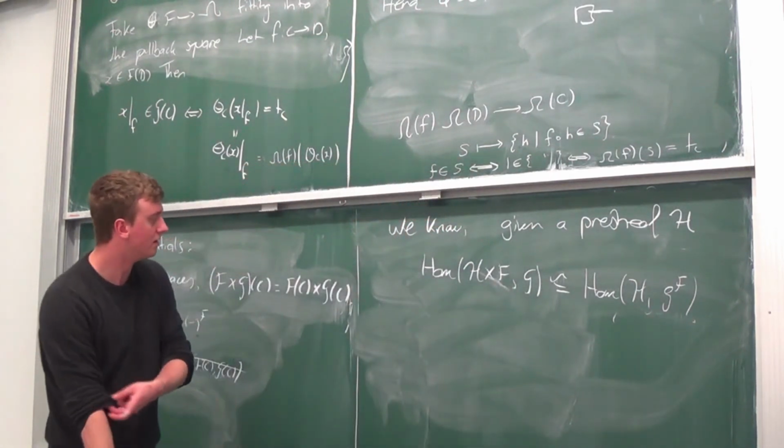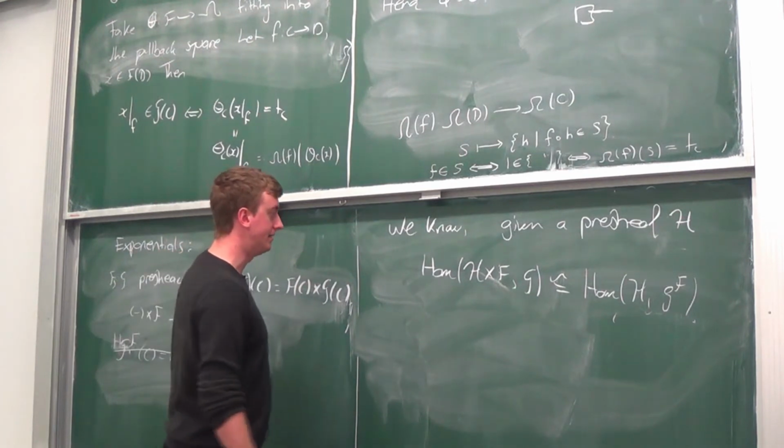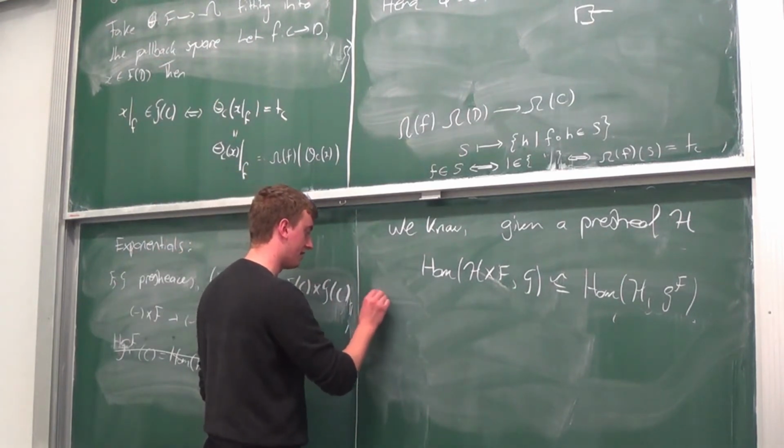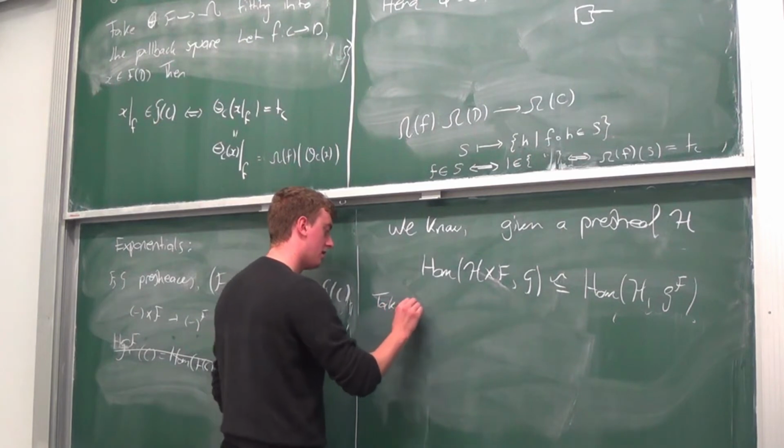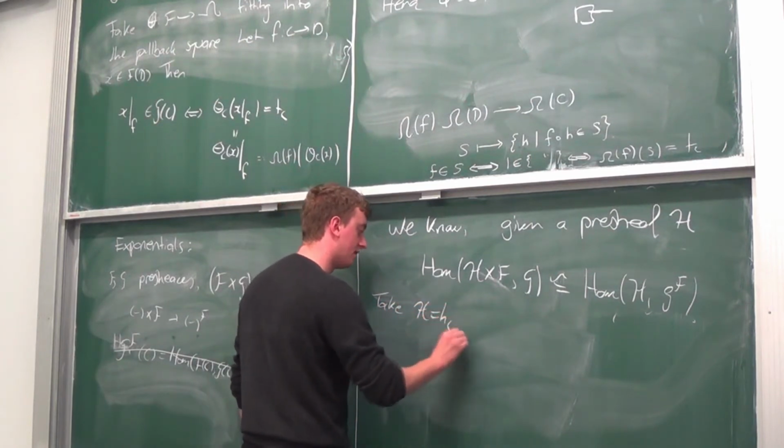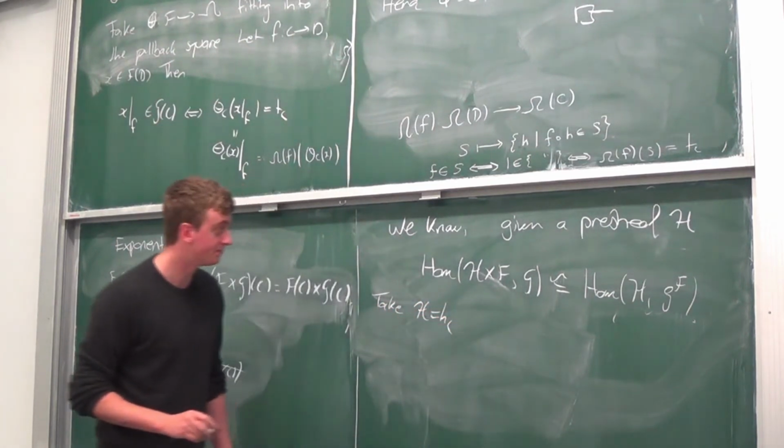Okay, so where does this get us? Well, using uniqueness, we might want to take H to be the representable presheaf for some c.